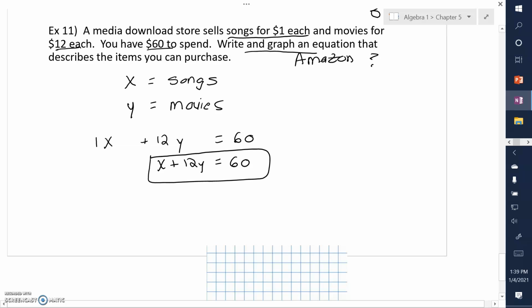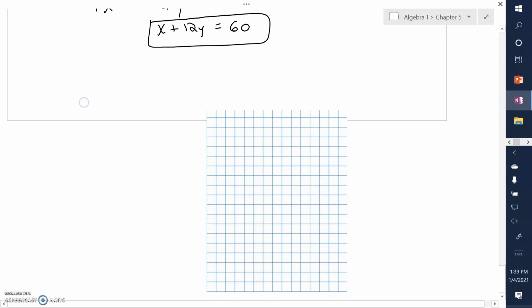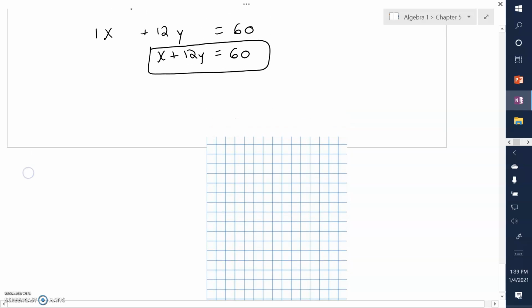The next thing it wants me to do is to graph it. And I put myself some graph paper here for me to use. I'm going to put in my x and y intercepts. So x plus 12y equals 60, y equals 0, x equals 60. So if I don't buy any movies at all, I can get 60 songs with 0 movies.